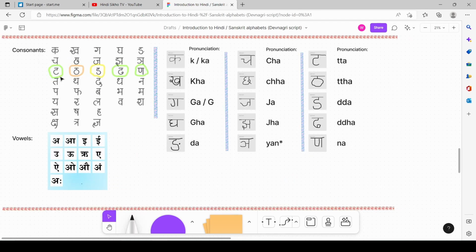Next ones are Ta, Tha, Da, Dha, and Na. Ta, Tha, Da, Dha, Na.